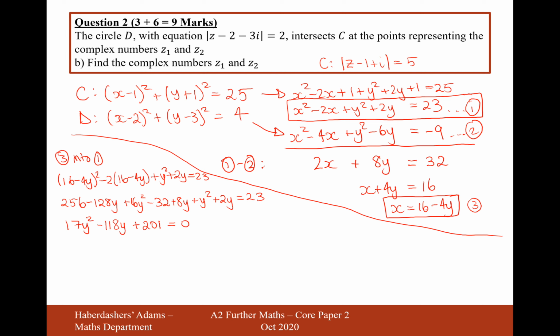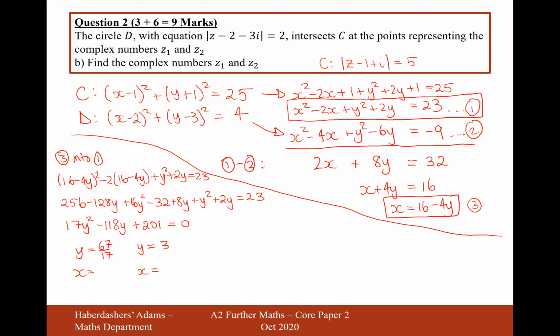So let's now solve this in the polynomial equation solver. So mode A, polynomial degree 2, 17, minus 118, 201. And we get an answer of, well, it's not a very nice answer, 67 over 17, and y equals 3. That's a bit of a nicer answer. So now let's substitute both of these answers into the equation of the straight line.